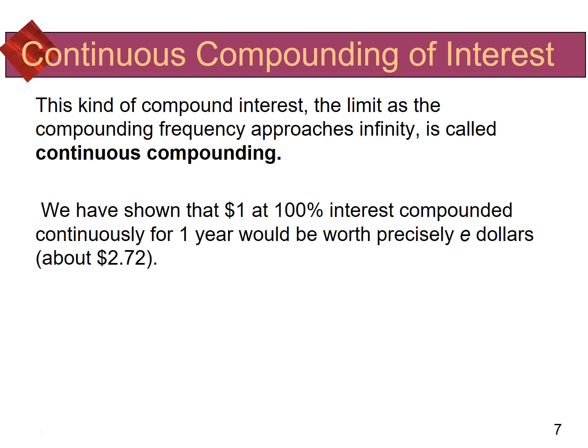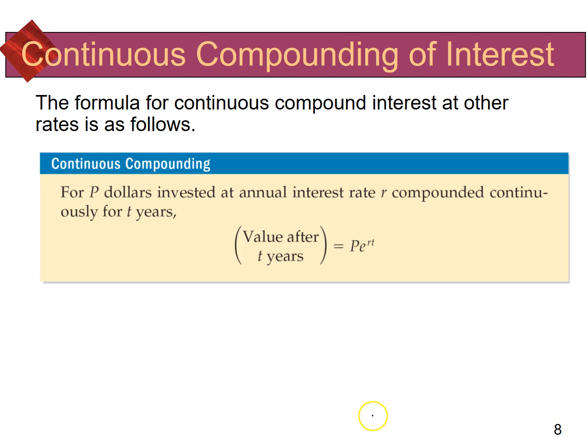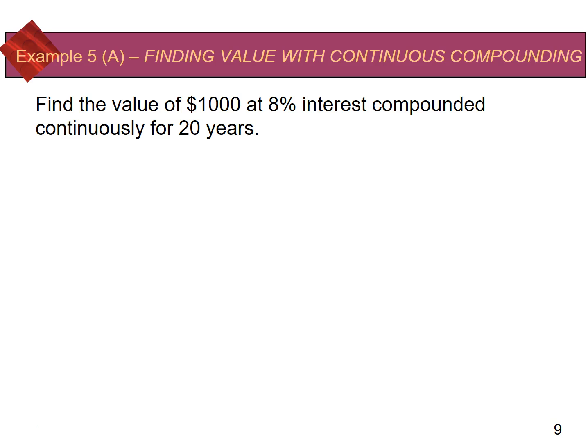So the formula that we make use of for continuously compounding interest is that the final amount A is going to equal the principal P times E to the RT power, where again, R is the interest rate written in decimal format. So for an instance of continuously compounding interest, find the value of $1,000 at 8% interest compounded continuously for 20 years.